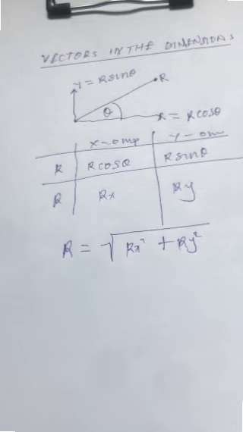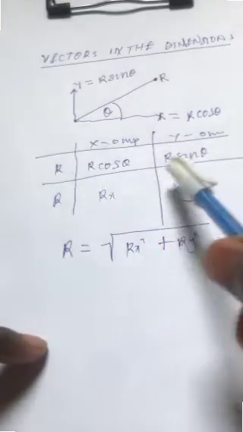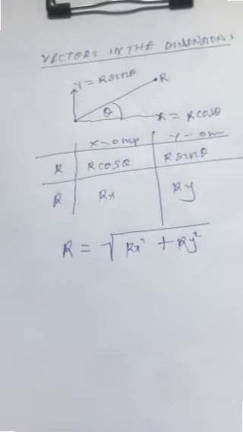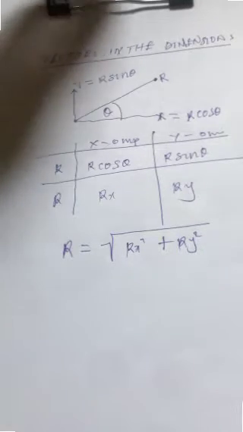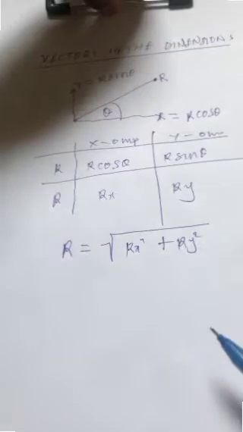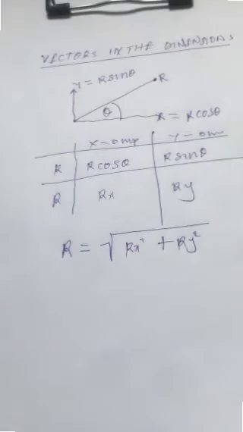Now in this video, we are going to focus mainly on vectors in 3 dimensions. What does it mean? On top of these 2 axes, they have introduced another important axis, called the z-axis. How do you know that this is a 3-dimensional vector?